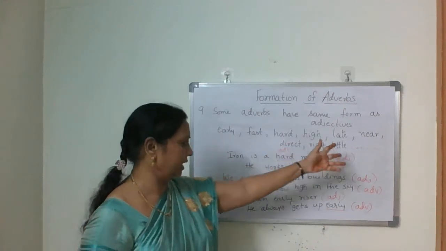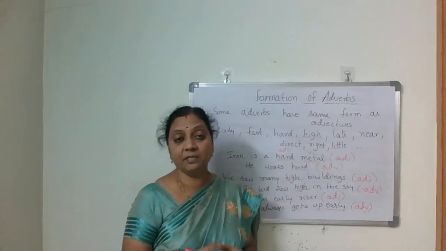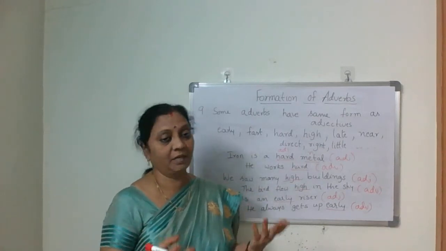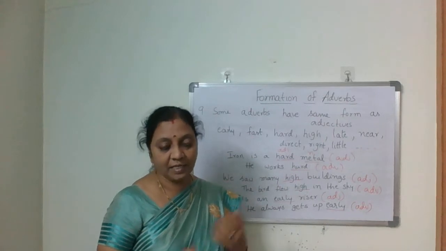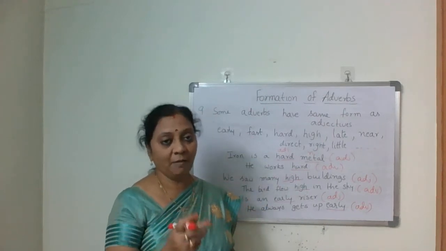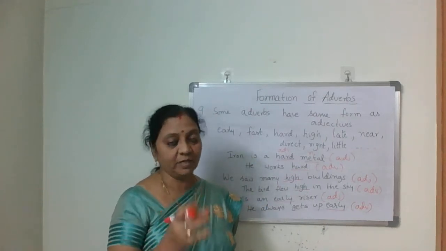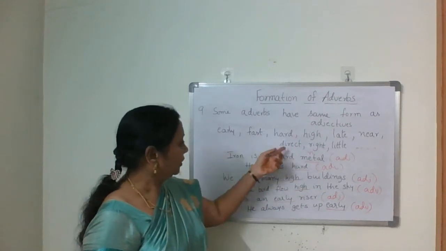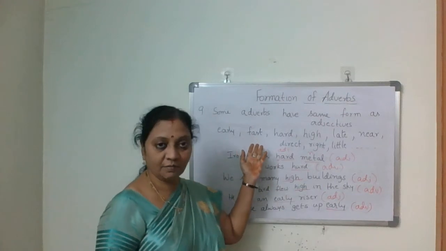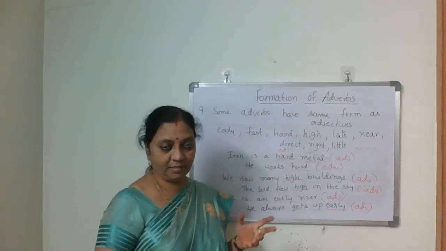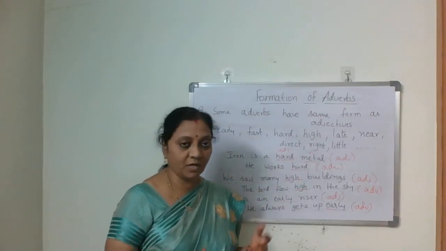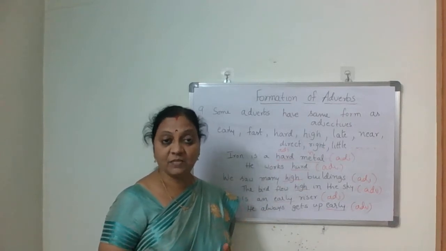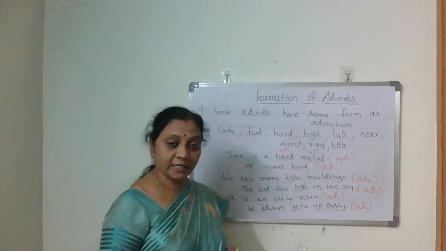You can take another example like late. He's a late comer. He always comes late. Late comer, there it is an adjective. He always comes late, there it is an adverb. Similarly, fast. He's a fast bowler. He runs fast. Direct also.